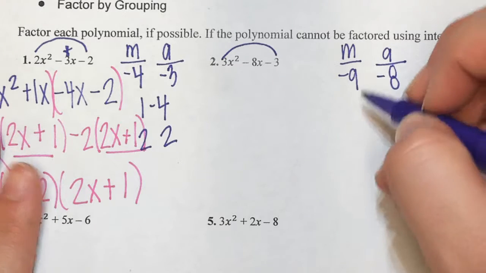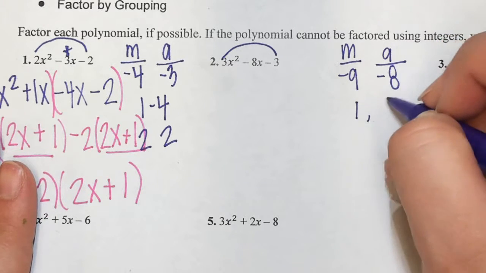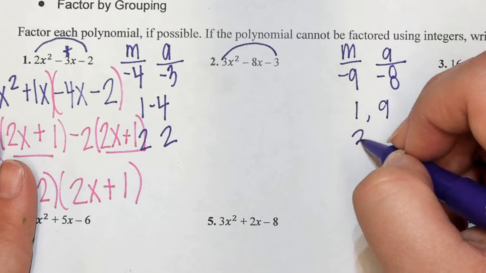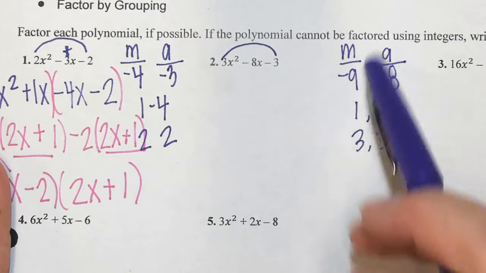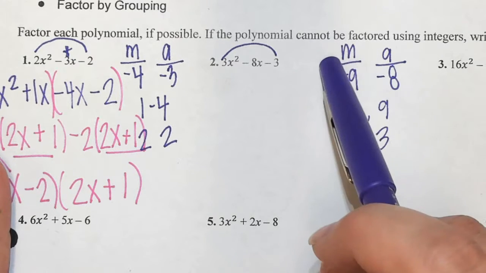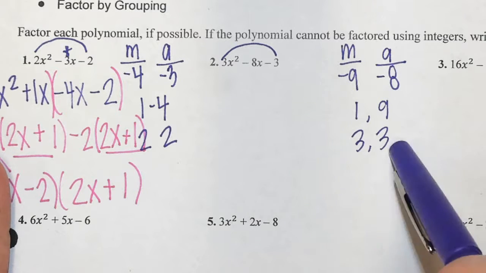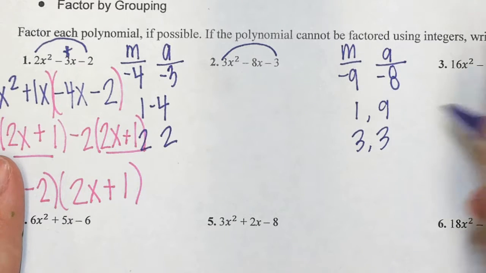Well, what are factors of 9? 1 and 9, 3 and 3. Well, 1's got to be negative, right? One has to be negative because it's a -9 I'm multiplying to get. Is -3 plus 3 going to be -8?